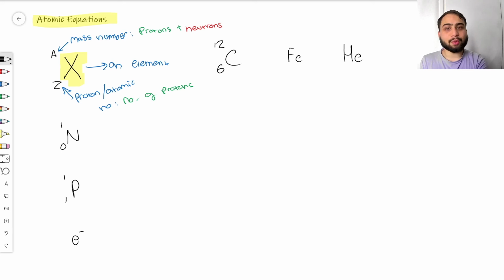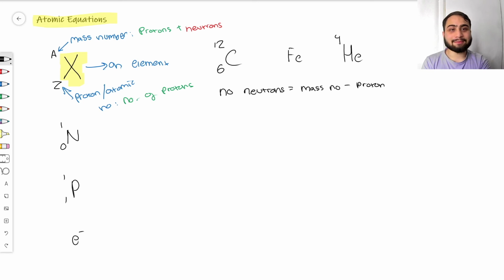So to work out the number of neutrons, it is equal to mass number minus proton number. If I do 12 minus 6, that gives me 6 neutrons as well. For iron, I actually can't remember right now, but for helium, I know that it has a mass number of 4 and a proton number of 2. So that means that helium also has 2 neutrons. Now we understand the atomic equation for an element.